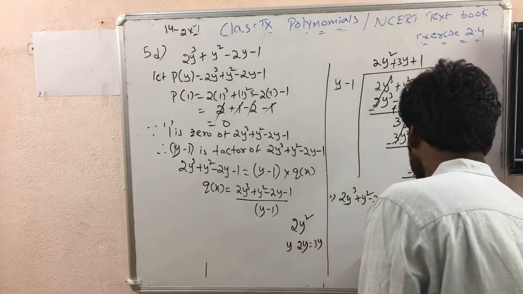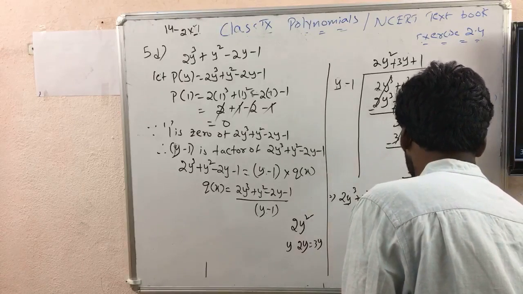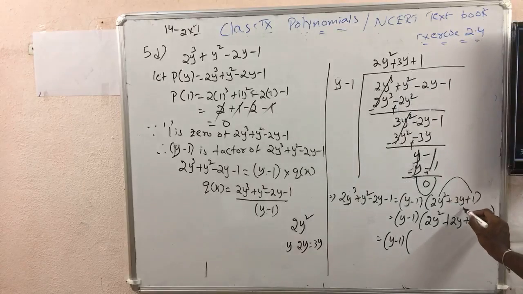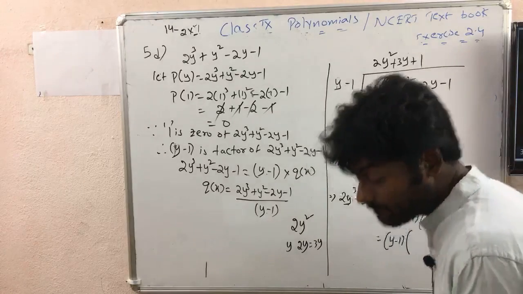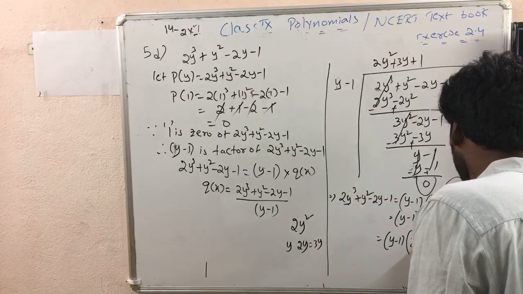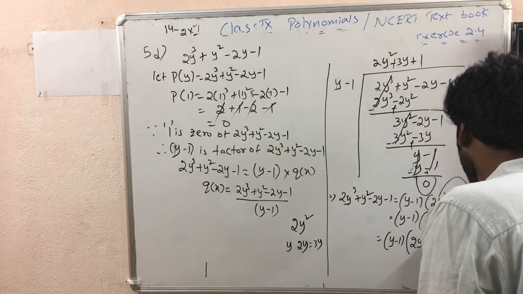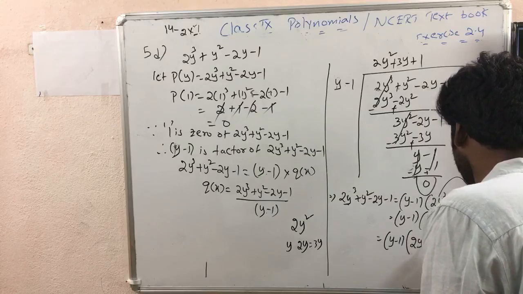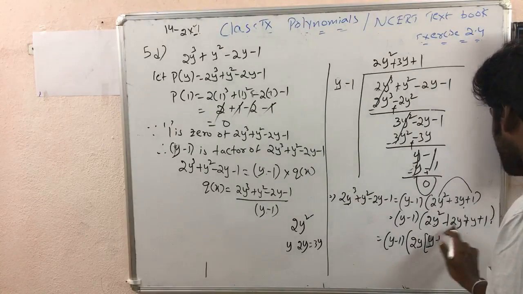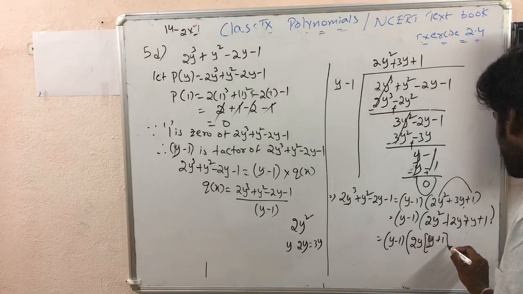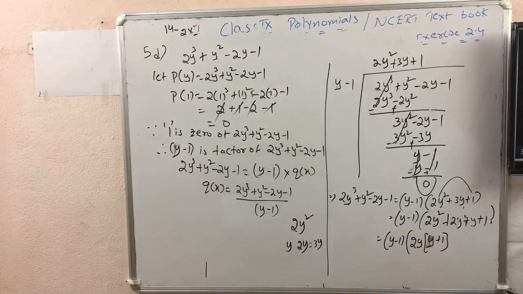Now, in the first part, in these two terms 2y is common, so take 2y as common. You are left with y here, because 2y into y gives 2y square, and here 2y is taken common, we are just left with plus 1, because 2y into plus 1 gives 2y.